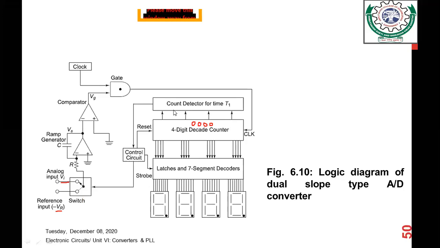Initially it increases to the negative side, then again it goes back to 0, and in this way it switches the integrator input to the negative reference voltage minus VR.